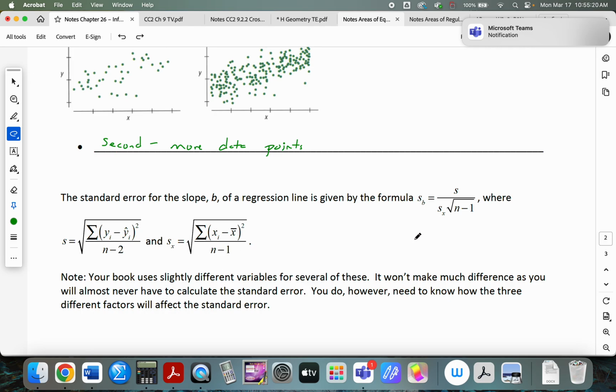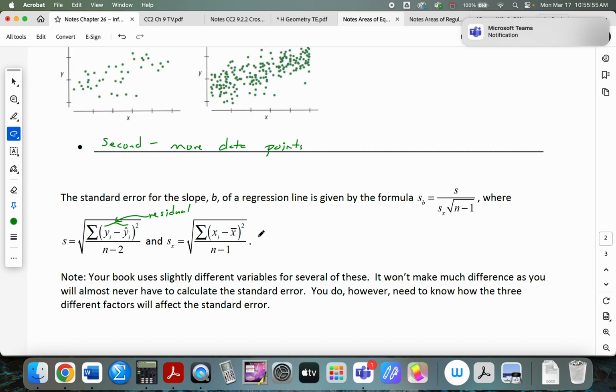Or if I have this, the y minus y hat, that's the residual. So I want small residuals. So I want s to be small. That's residuals.